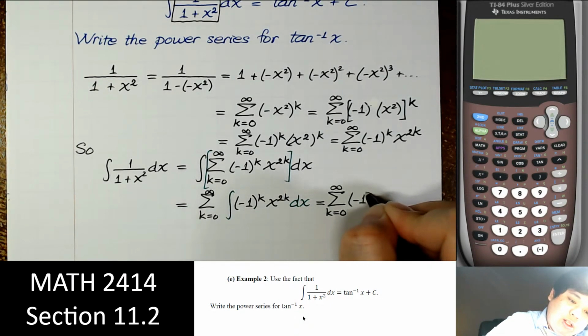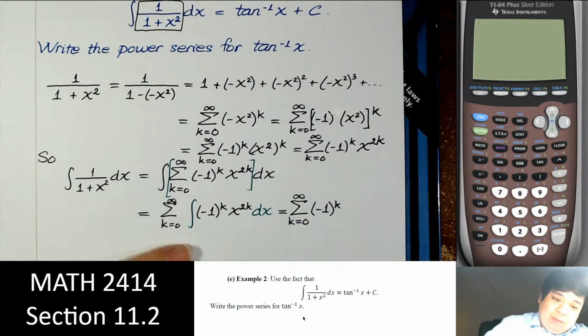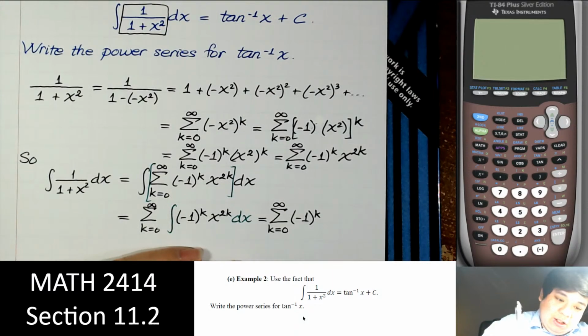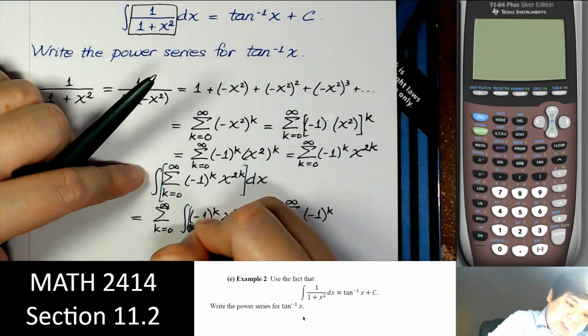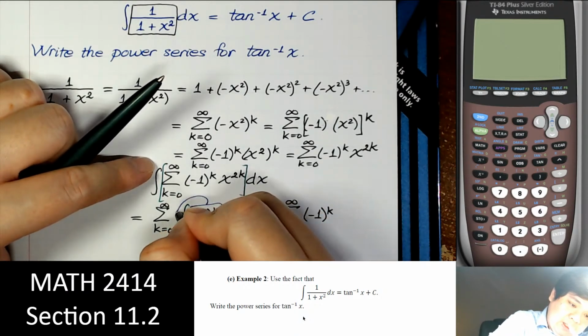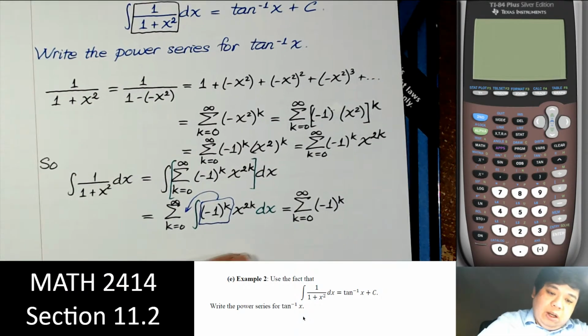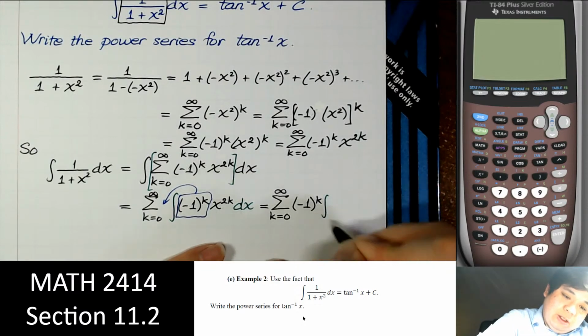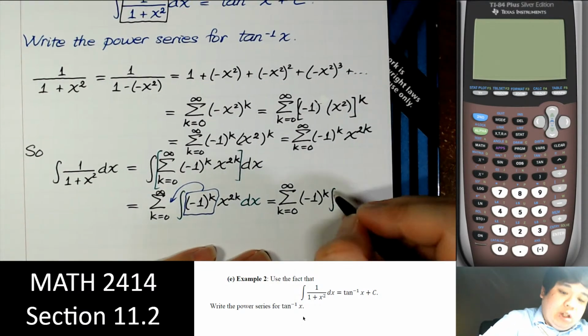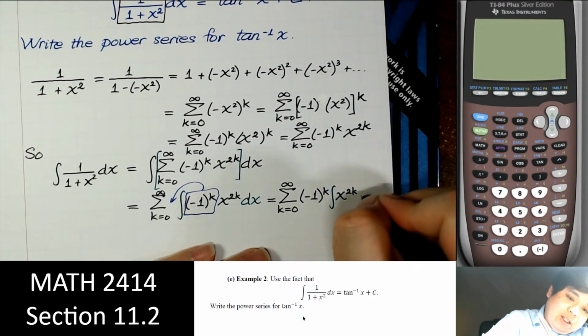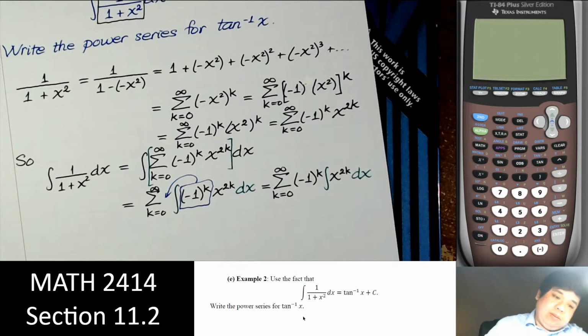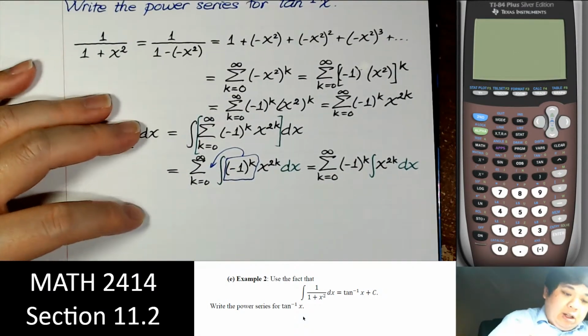So take that out. And then we have the integral, it's only x to the 2k dx.